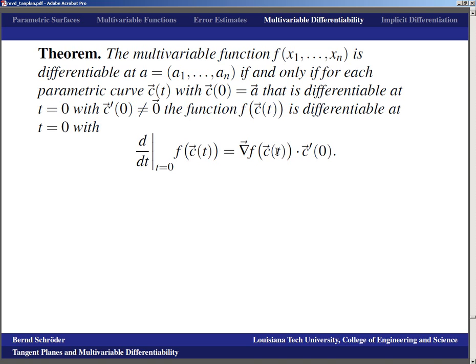And I think I should put c of 0 here. Let me fix that real quick.